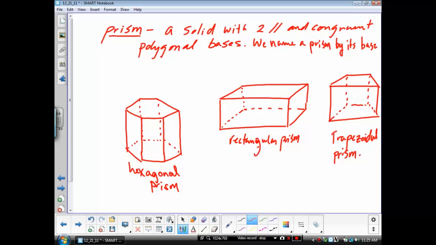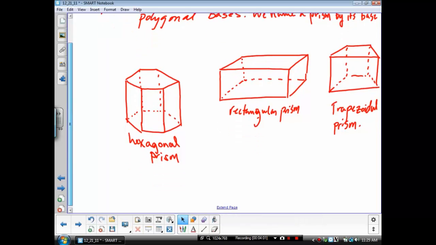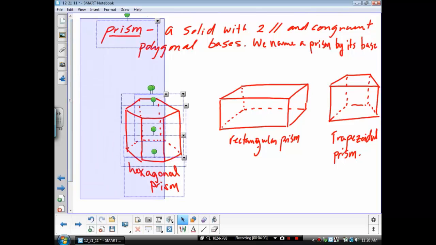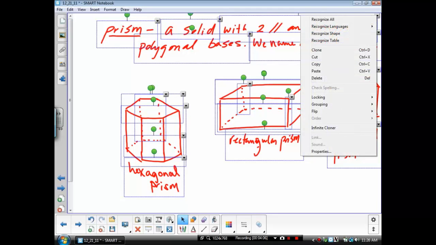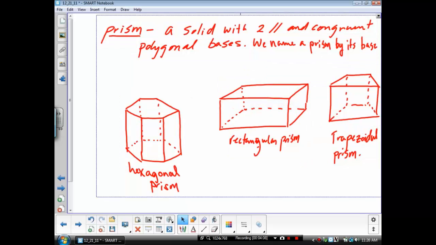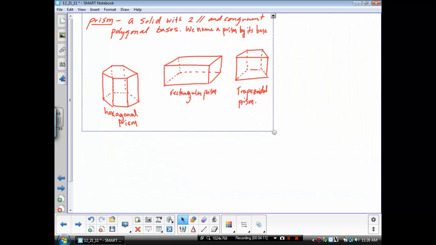We could have a triangular prism with triangles on the bases. Okay, you can see that so far what I've drawn here are called right prisms or orthogonal prisms. These are all right prisms.